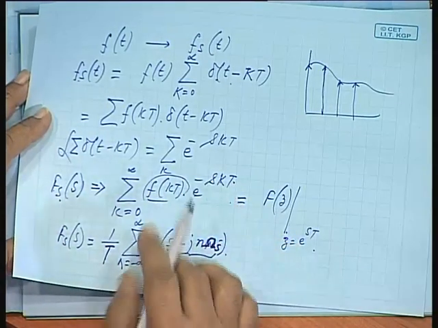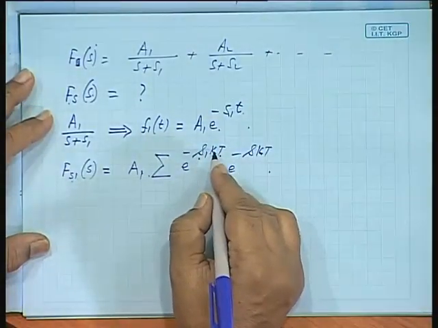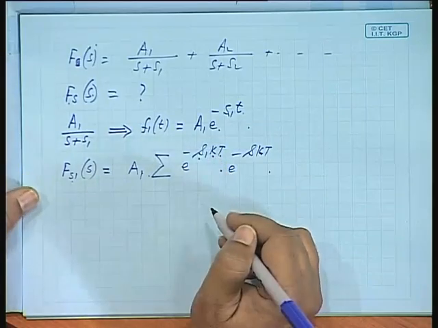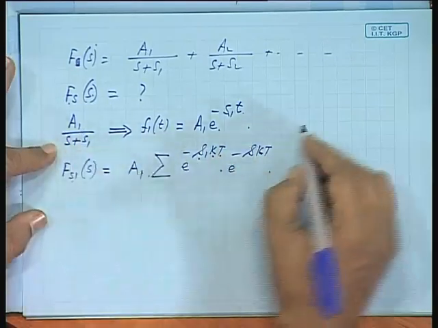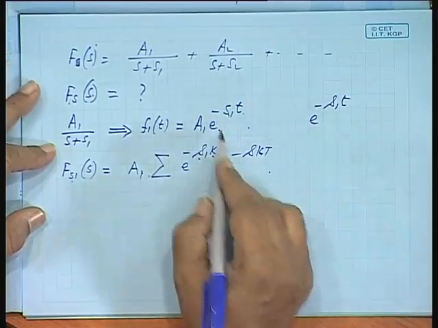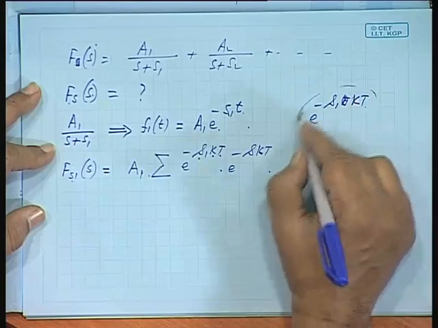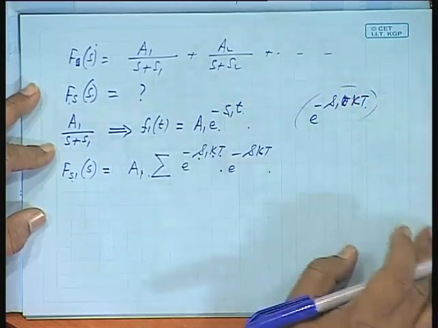So, what is f kt? The magnitude of the function, that is e to the power minus S1 kt, is it not? Because the response due to this is e to the power minus S1 t that we have seen. So, if I discretize it at kt, this is the specific value at that point.